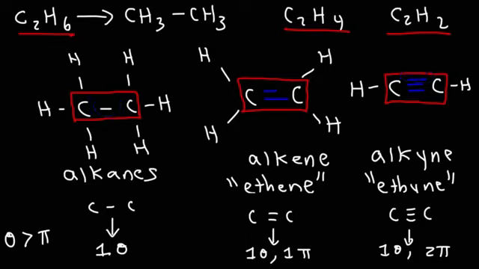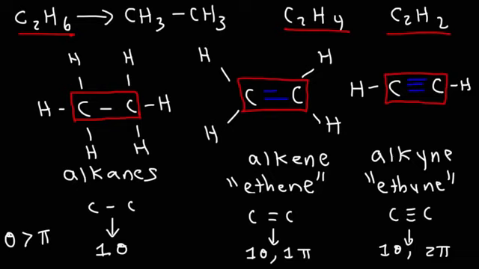So in summary, a triple bond is stronger than a single bond because you're comparing 3 bonds to 1. However, a sigma bond is stronger than a pi bond when you're comparing 1 bond with 1 bond. So I'm just going to say that one more time. Sigma bonds are stronger than pi bonds, but triple bonds are stronger than single bonds.